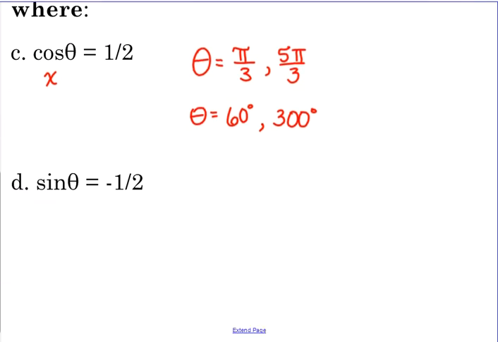Okay, how about where the sine is equal to negative 1/2? So sine is our y coordinate. So we're looking for where the y coordinate is negative 1/2. Y's are negative in the third and fourth quadrants. So what are our angles here? 210 and 330.